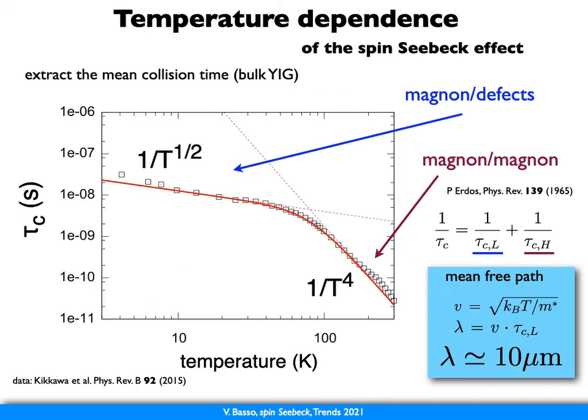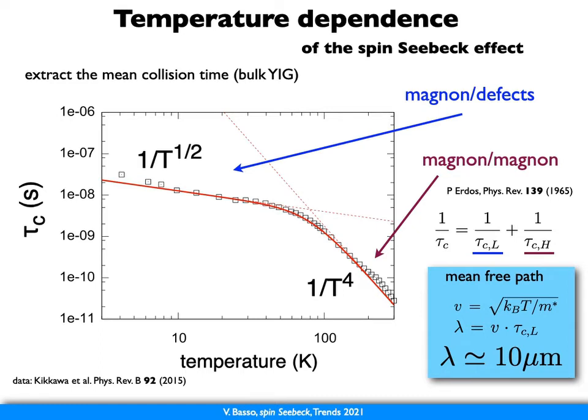So this is the time constant for collision plotted as a function of temperature. The data, the points, are the Kikuchi data for the bulk. As you can see, there are two typical behaviors as a function of temperature. A low temperature one that goes as 1 over square root of temperature, and the high temperature one that goes as 1 over T to the 4th.